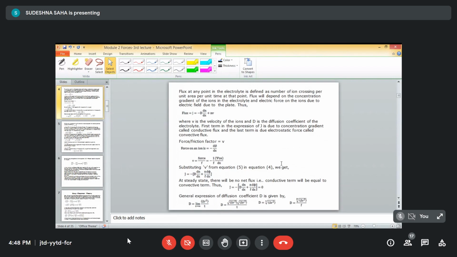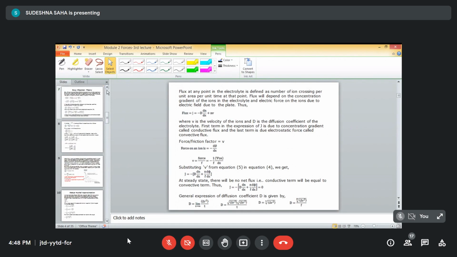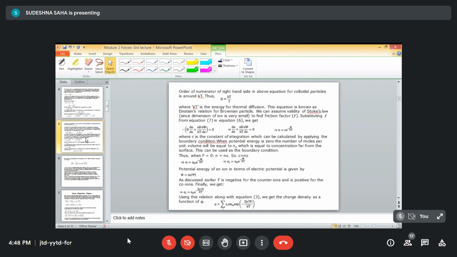So basically, if you look at this, it is of the order of kT, so we can write diffusion coefficient equals kT by f.